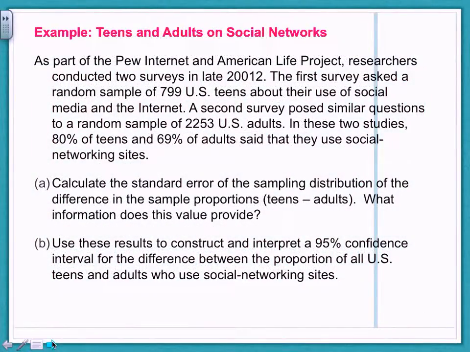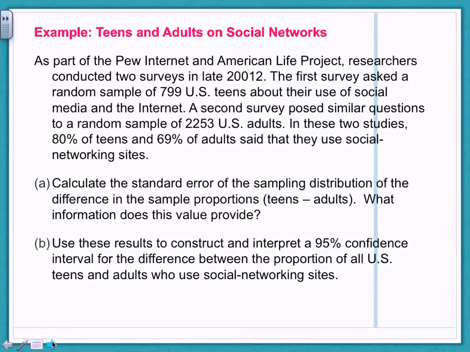So let's go ahead and run through a quick confidence interval and then be done with this video. As part of the Pew Internet and American Life Project, researchers conducted 2 surveys in late 2012. The first survey asked a random sample of 799 U.S. teens about their use of social media and the internet.